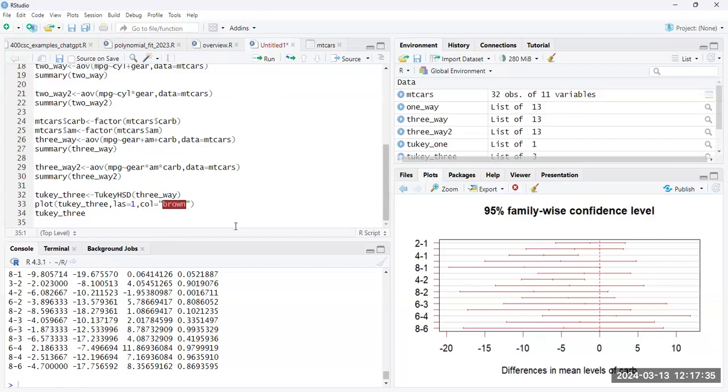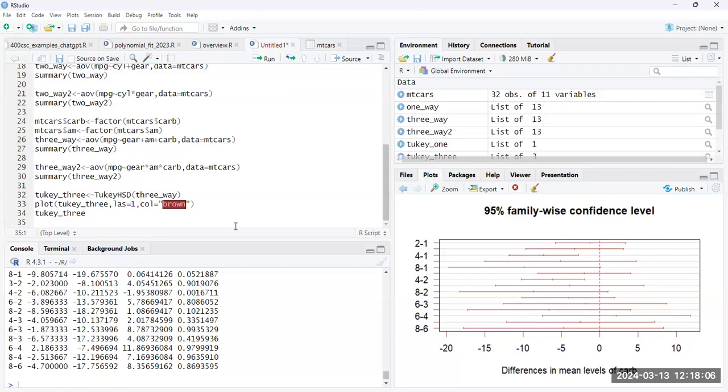Now, the alternative to using the Tukey method to distinguish within an ANOVA, once you reject your ANOVA, how are they actually different from each other? The alternative is to do multiple two-way t-tests. For instance, if we were doing the automatic versus manual variable, the AM variable, separately, then we could just do a two-way t-test because there are only 2 levels.